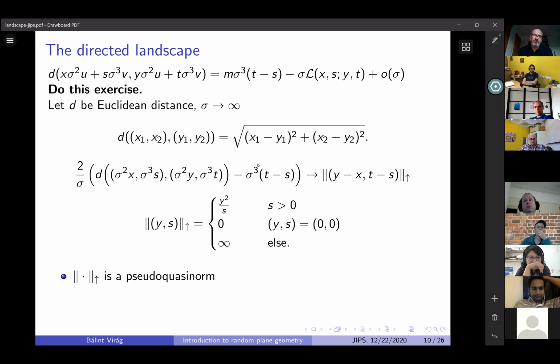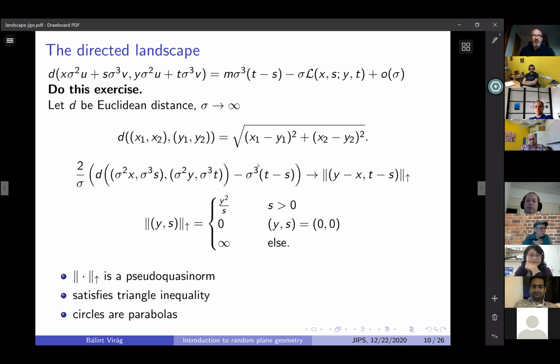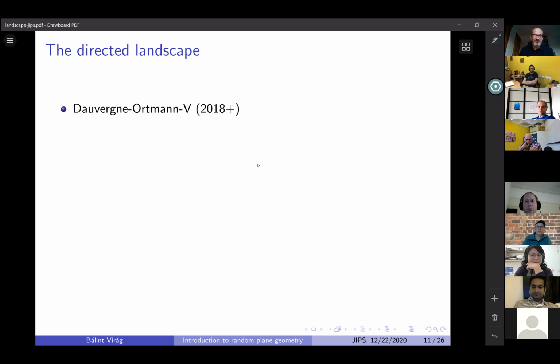You get a metric from this norm, where basically you give up everything except the triangle inequality and the fact that the distance from yourself is 0. But already when you have those two properties, a metric can be quite interesting. If you look at circles, for example, in this metric, they become parabolas, and the center is actually the tip of the parabola. So the center is on the boundary.